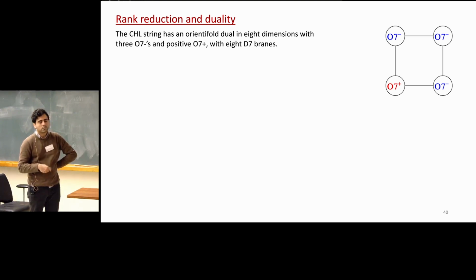And this would be dual to the heterotic string on T2. Of course you need a number of branes to cancel the RR tadpole, but if you exchange one of those orientifold planes and some branes by an O7 plus, then you reduce the rank of the theory because you have fewer branes, and you get a dual for your CHL string.